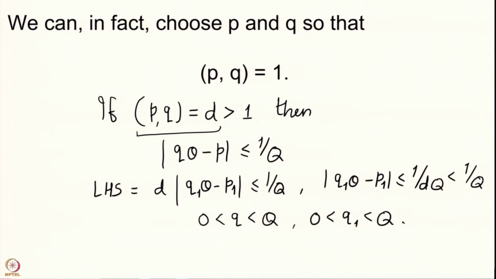So, once you have a pair of such integers p comma q giving you a good approximation, you will be able to get the p and q where the GCD is 1. Of course, the rational number that you are going to get will be the same, because p by q is now going to be equal to p1 by q1.